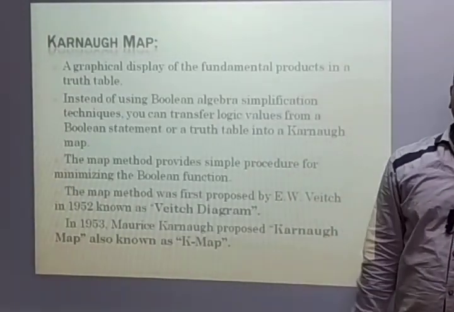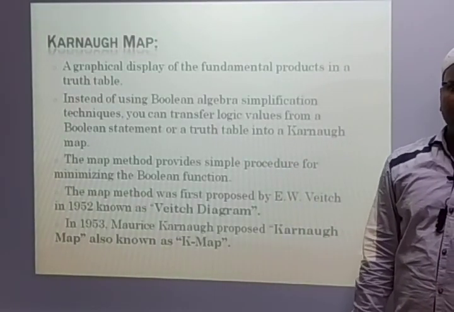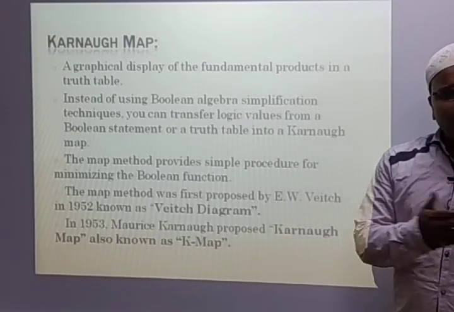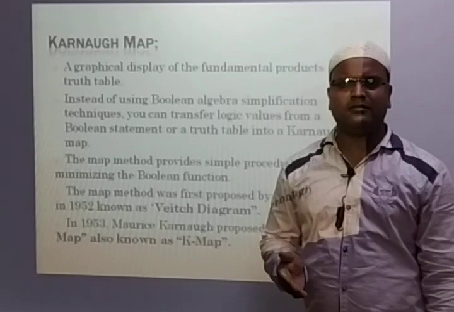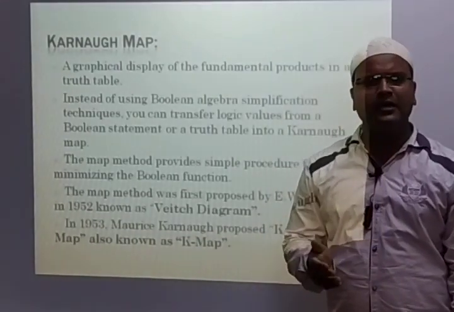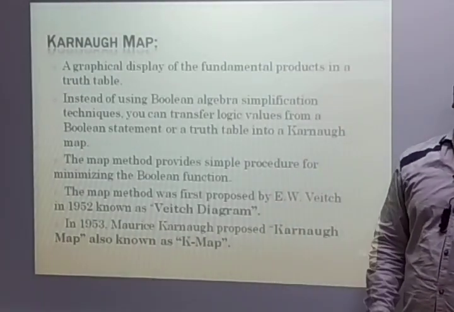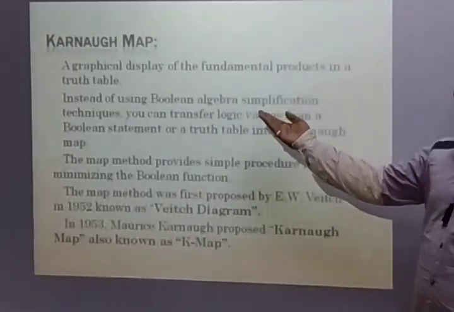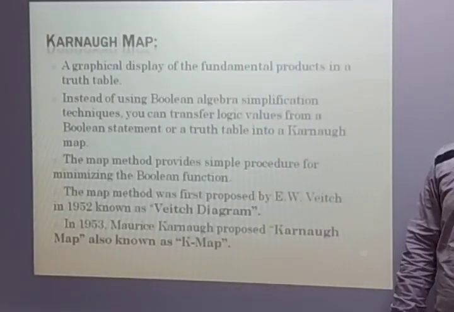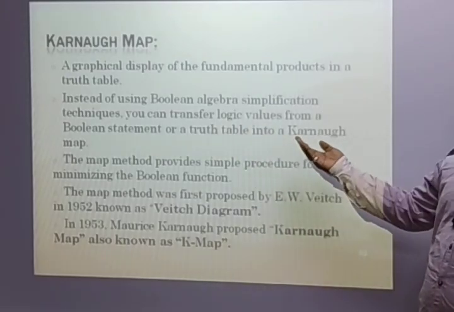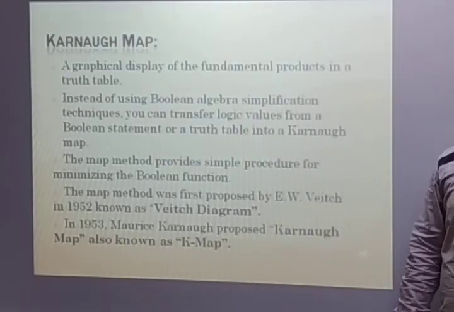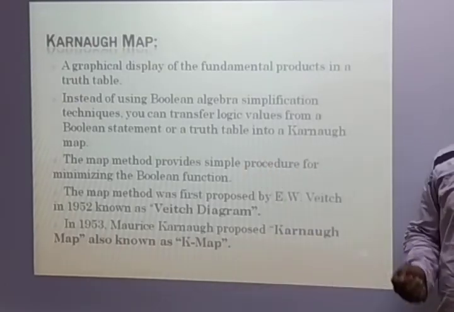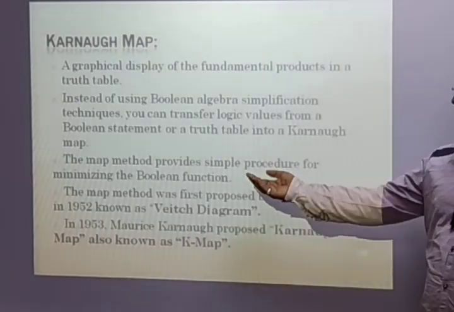We have seen a lot of formulas in order to solve questions. We don't require all those formulas in KMap. In KMap, directly from the graph itself we will get the answer. For a Boolean statement or truth table, KMap is easy to solve. Likewise, the map method is an efficient way of minimizing Boolean functions.